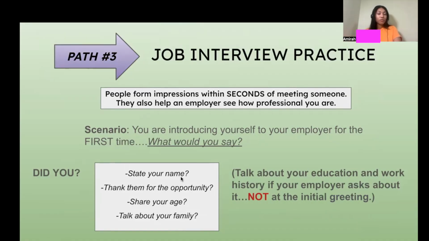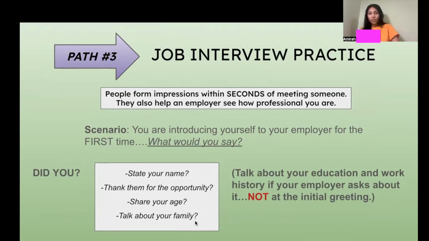They would say, yes. Did you thank them for the opportunity? Some say yes, a lot of them say no. Did you share your age? Some say yes. I've had people tell me yes. I say, did you talk about your family? Many of them actually said no.